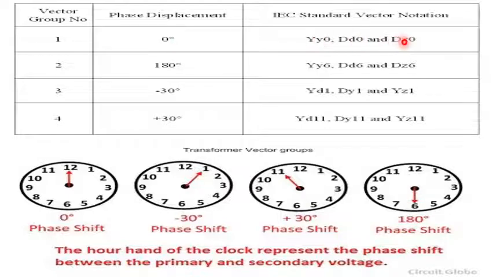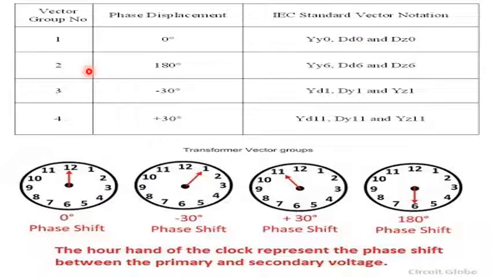Capital Y small y 0 means the transformer primary winding is connected in star connection, and the secondary winding is also connected in star connection, because the primary side we always label with capital letters, and the secondary side always with small letters. Similarly, capital D small d 0 and capital D small z 0.